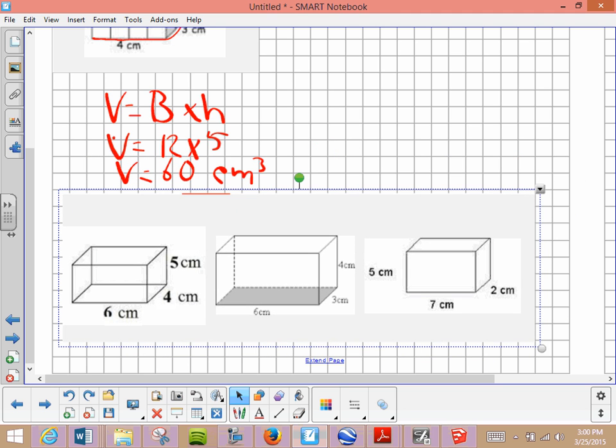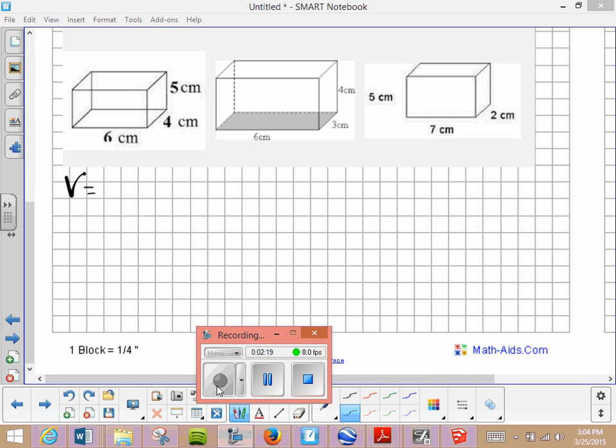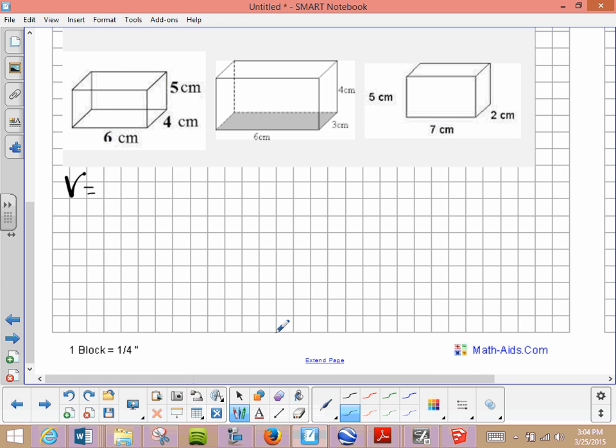Find the volume of all 3 of those figures. Darn. And I'm back. Okay, so area of the base times the height, right? When we're looking at a rectangular prism, where is the base? At the bottom, yes, it's the bottom numbers.